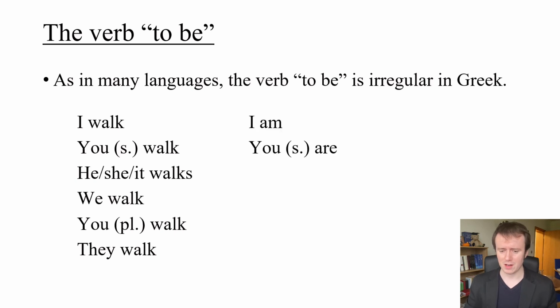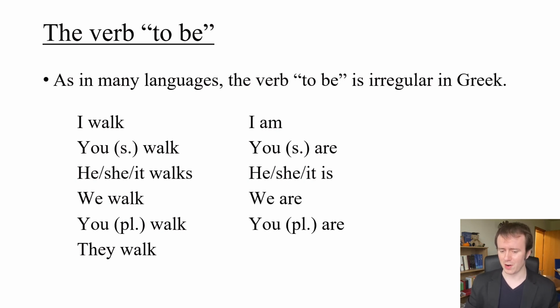I am, you singular are, he, she, it is, we are, you plural are, they are. So you can see the first person singular form uses the word am, the second person singular form uses the word are, the third person singular form uses the word is, and the other three forms use the word are.